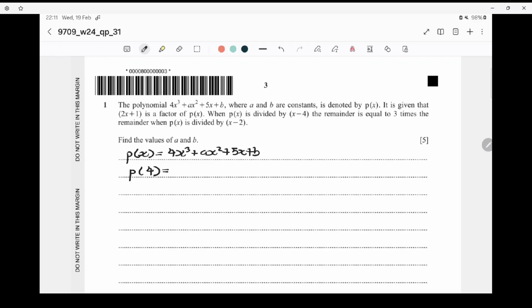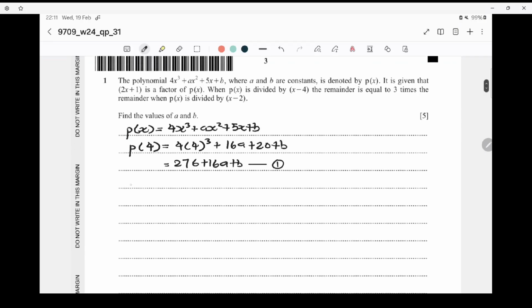Once you calculate it, you just put 4 power 3 plus 16a plus 20 plus b, which equals 276 plus 16a plus b. So this should be your first equation.